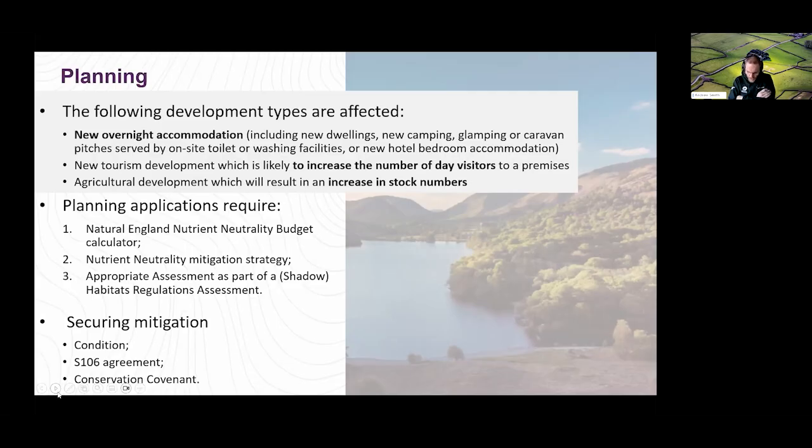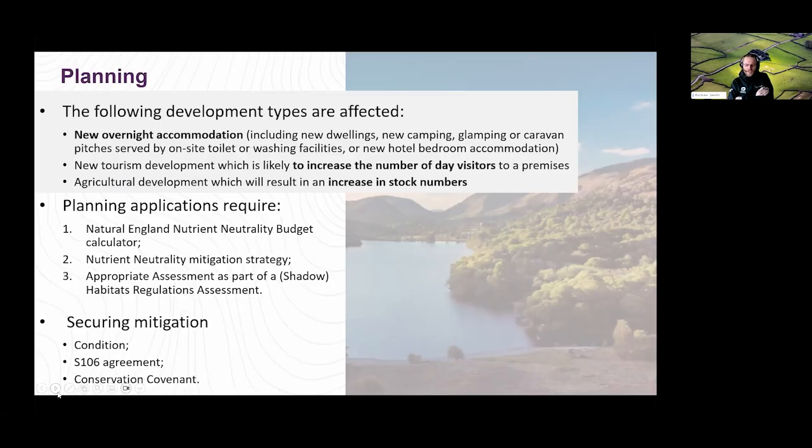They've got to come up with a mitigation strategy, so some way of taking out at least as much phosphate from the catchment as they're going to put in, and we make them do a habitats regulations assessment as well. And then we secure all of that through either a planning condition, a legal agreement called a Section 106, or a conservation covenant.